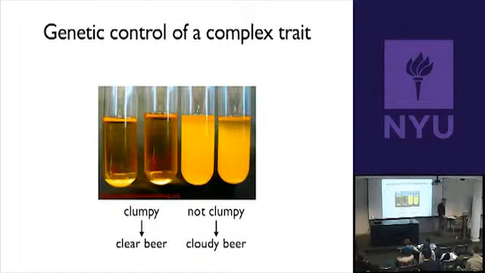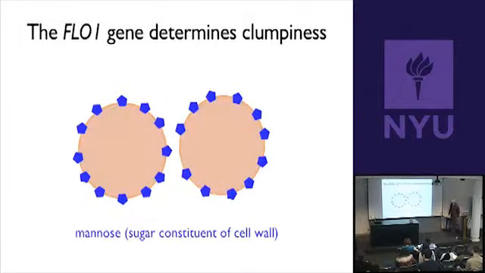So we actually know the molecular mechanism of this clumpiness and not clumpiness. And the way it works is that on yeast cells, so this is a picture of a yeast cell with its cell wall, and somewhere in here would be the nucleus, they have a particular sugar called mannose. It's typical of yeast cells.